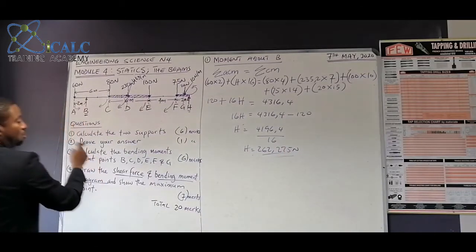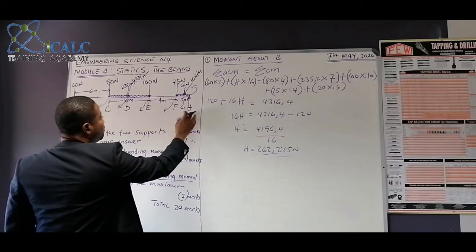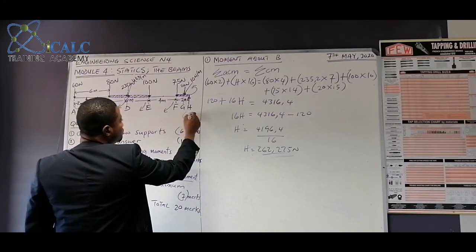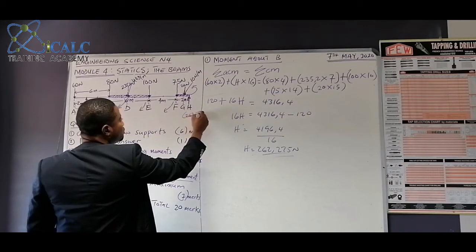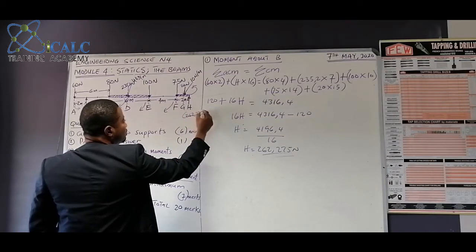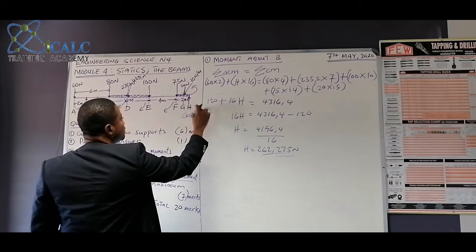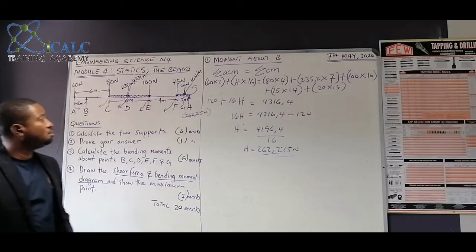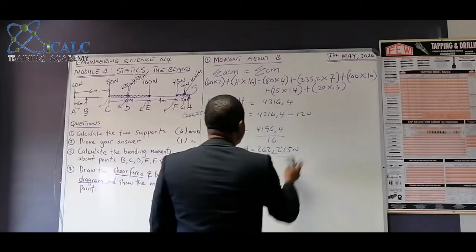So I always advise that we put the value here, 262.275 Newton. All right. So we have done our moment for B.